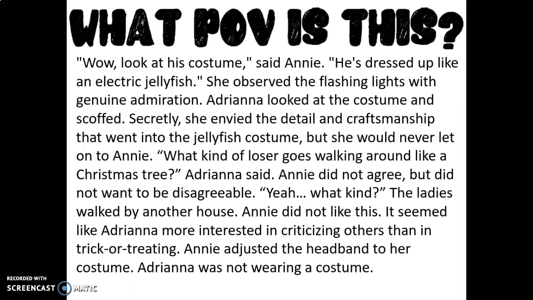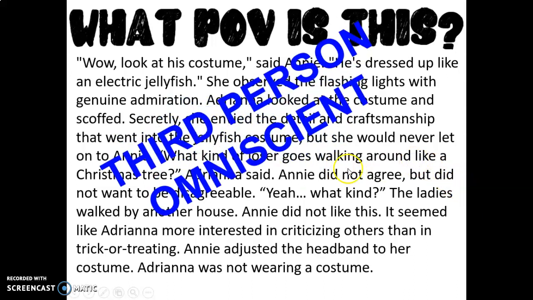All right, what point of view is this written in? Let's look at our pronouns. Let's look at our clues. All right, guys, if you said third person omniscient, then you were correct. So we have two characters here. We have Annie and we have Adriana.